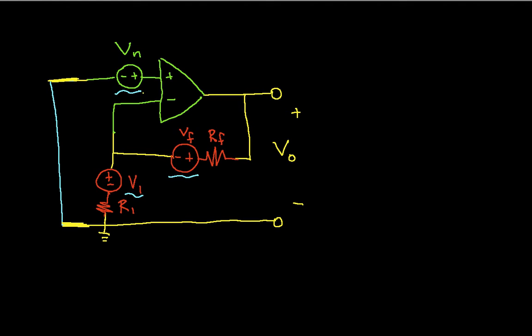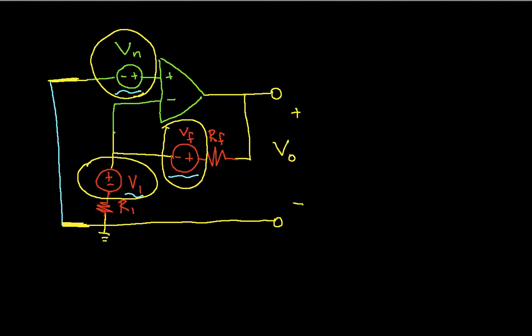We first find the output noise value due to the input referred noise of the op-amp. We then found the output noise value due to the thermal noise generated by R1, and found the output noise generated by the thermal noise in RF.